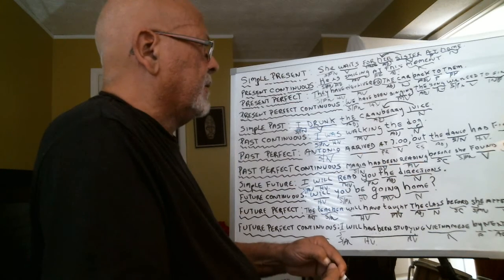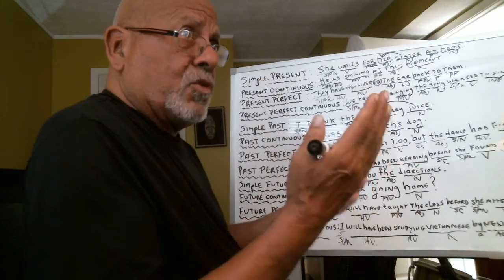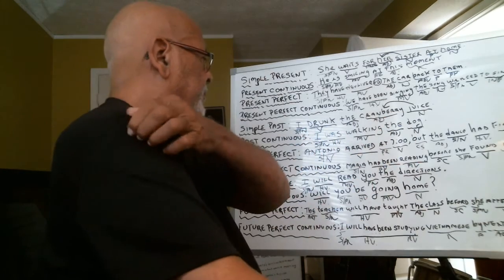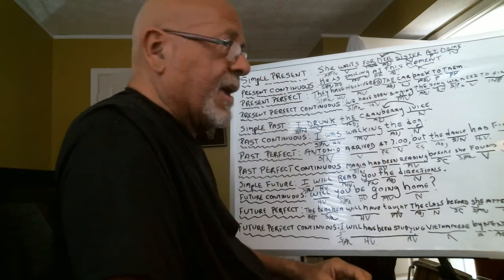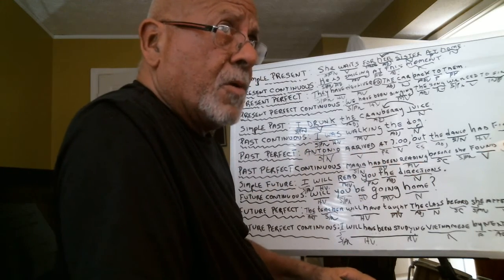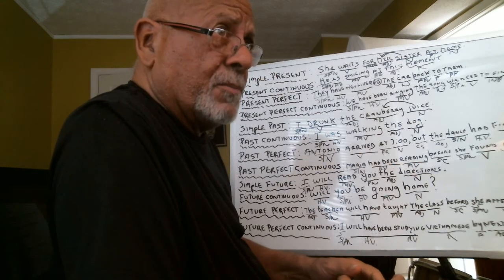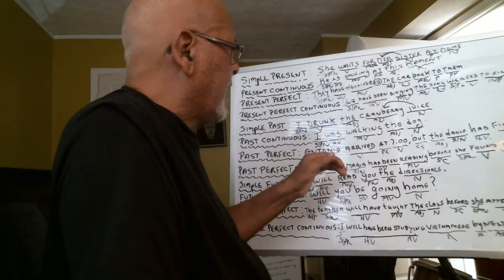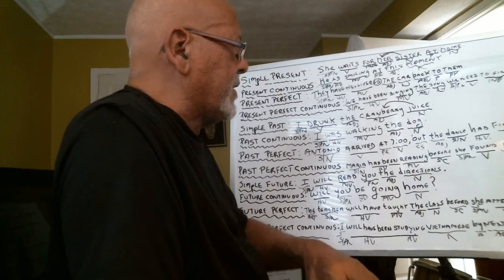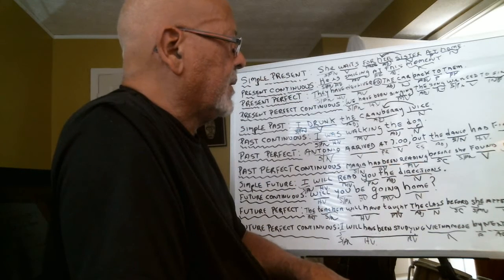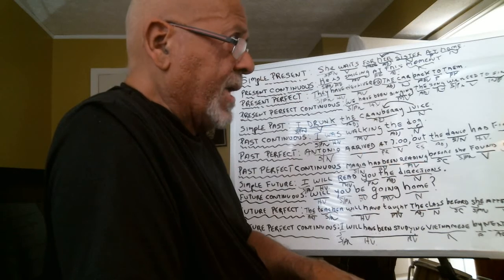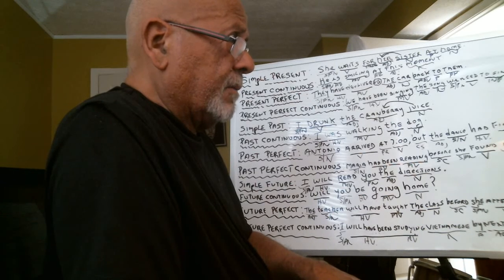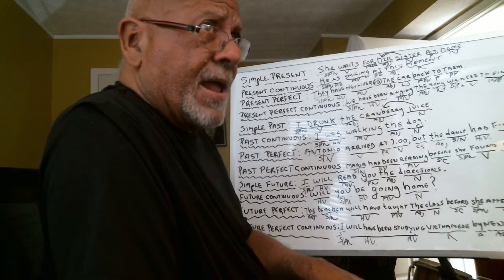Past perfect. Now we have two actions. Antonio arrived, simple past. One verb is going to be in the simple past. Antonio arrived at 7, comma, but. Why do we have a comma? Because now we have a compound sentence.